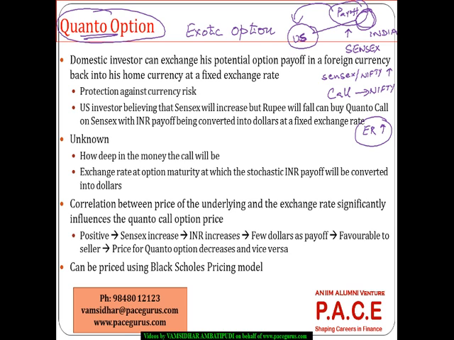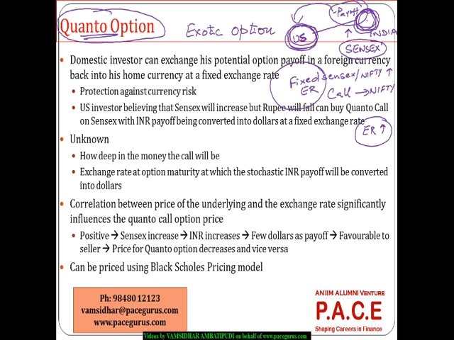What it says is, you take the payoff from the Sensex, whatever payoff the Sensex gives, it will be converted into your domestic currency at a fixed exchange rate. We will fix the exchange rate and it would be converted to your domestic currency at that fixed exchange rate.